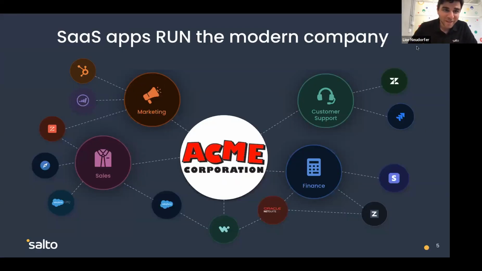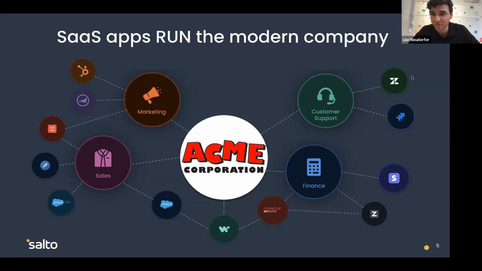Okay, before we dive into Jira and all the cool demos I want to show you, I want to zoom out for a second and talk about the modern company. Today's modern companies, and I'm sure the companies you all work for, run on SaaS applications. Different departments, for example sales or marketing, each have their own SaaS applications which they need to operate the business, right?